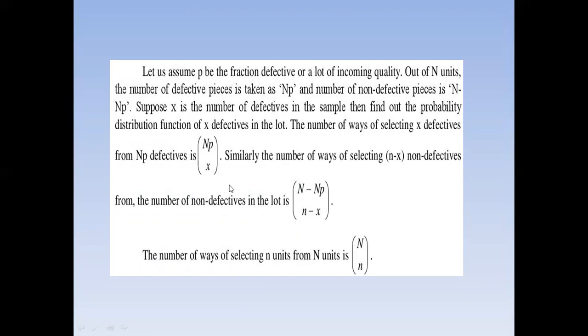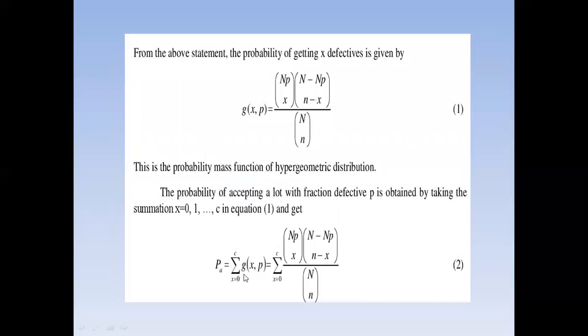The number of ways of selecting X defectives from NP defectives is NP C X. Similarly, the number of ways of selecting n minus X non-defectives from the non-defectives in the lot is N minus NP C n minus X. The number of ways of selecting small n units from capital N units is capital N C n.